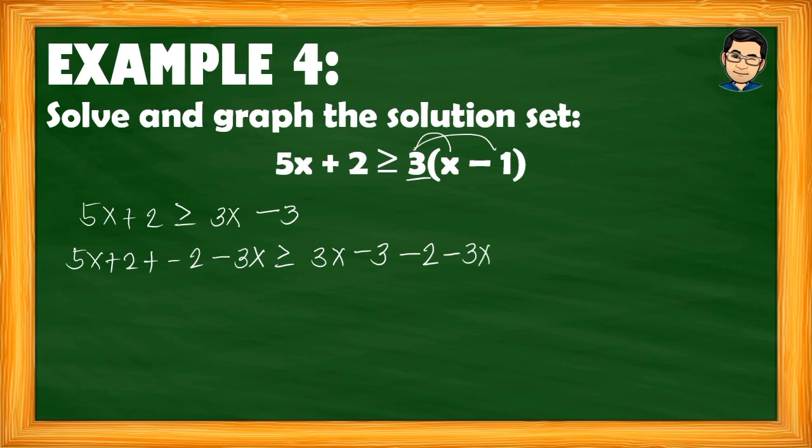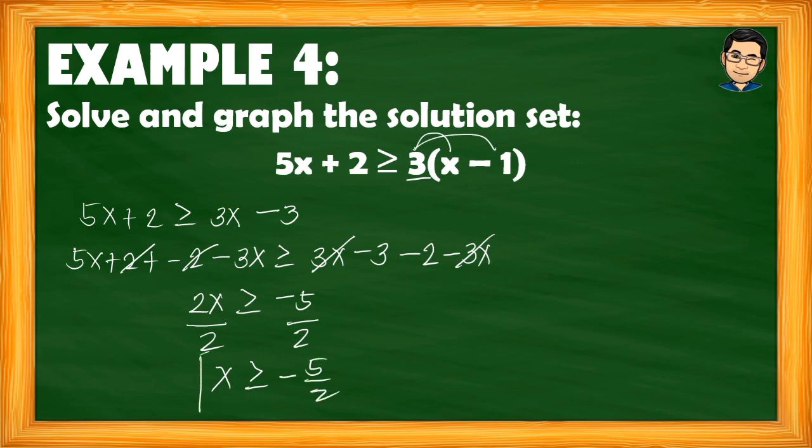Let's check: 5x plus 2 plus negative 2 minus 3x. 2 plus negative 2, makakancel po yan, so magiging 2x, kasi 5 minus 3 is 2, greater than or equal to. Makakancel din po yung 3x minus 3x. Negative 3 minus 2 is negative 5. And then, we divide the whole inequality by 2. So, x is greater than or equal to negative 5 over 2.